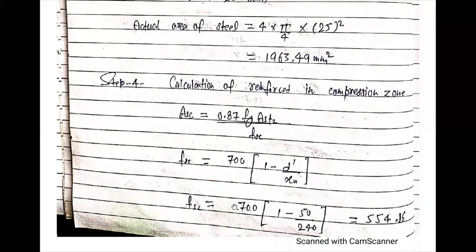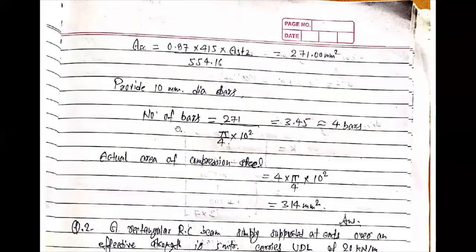Putting the values, 700, 1, this is 50, and this is 240, it comes out to be 554.16. Now putting the value of fsc, Asc comes out to be 271.00 mm square.